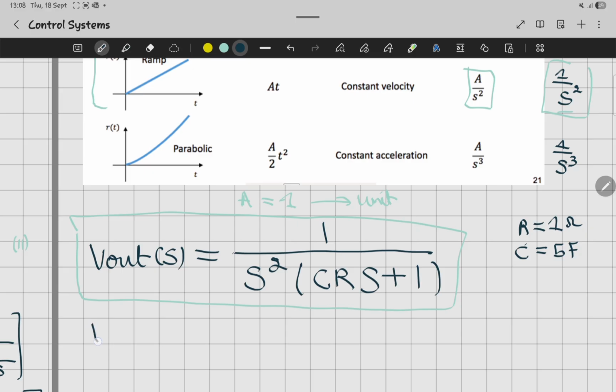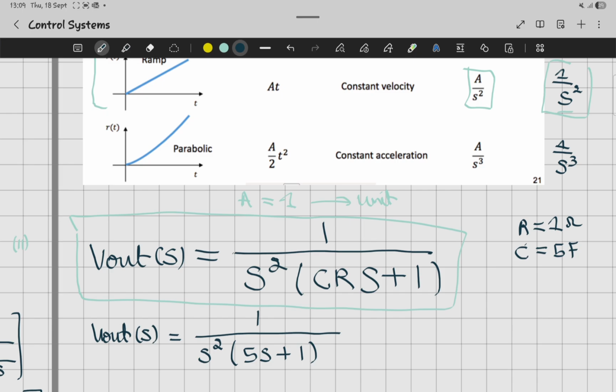Okay, I'm going to replace these values here. So we're going to have 1 over S squared, 5S plus 1. Okay, so this is what we're going to get here.